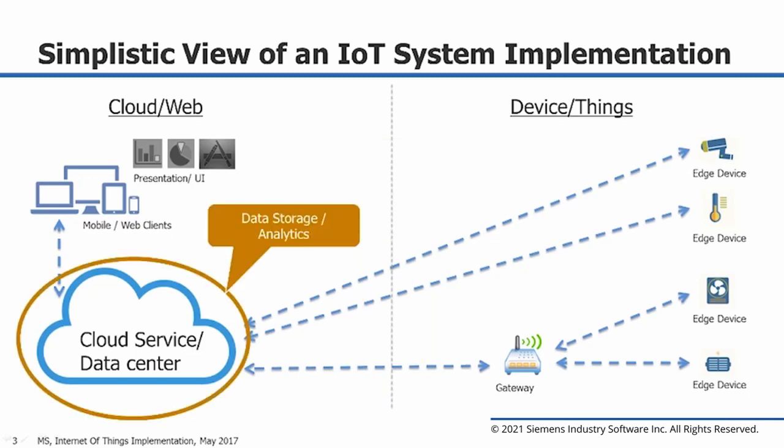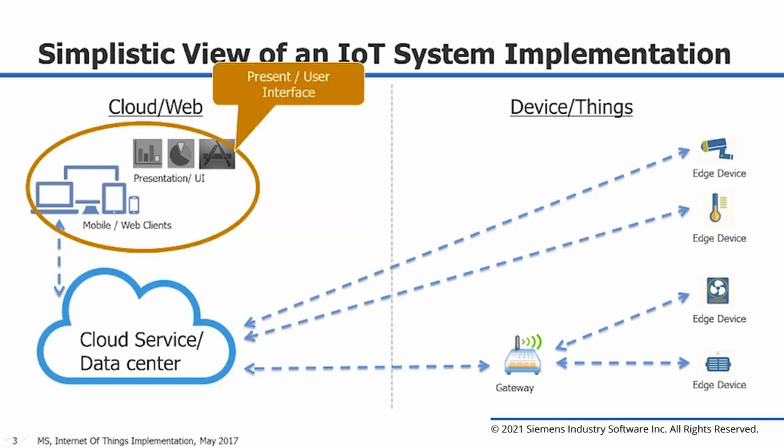Then on the left side, we have cloud service or data center where we store and analyze data from the devices in the field. The last component to discuss is the presentation of data or the user interface. We'll take a closer look into these 5 components one by one in the remaining slides and discuss briefly how they relate to each other.